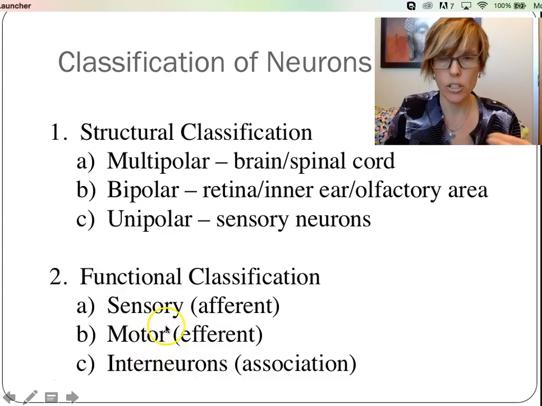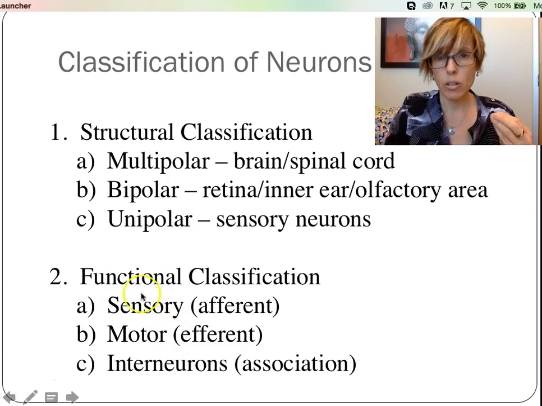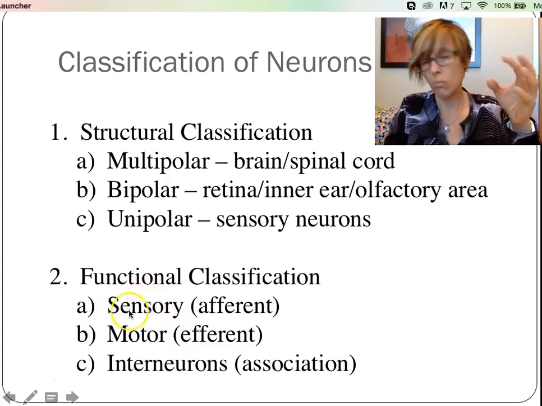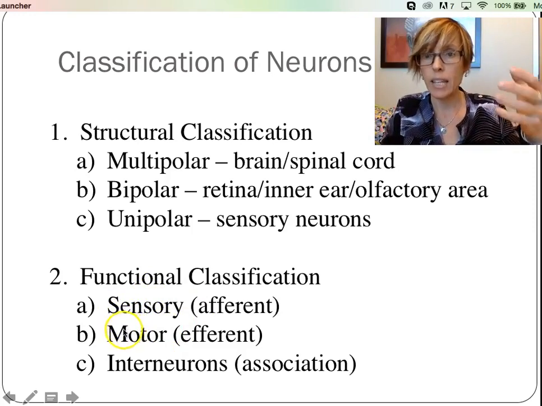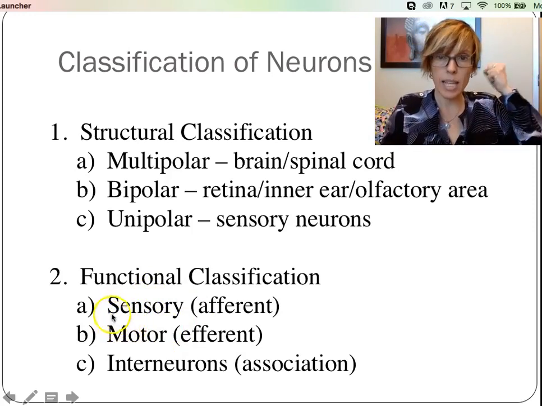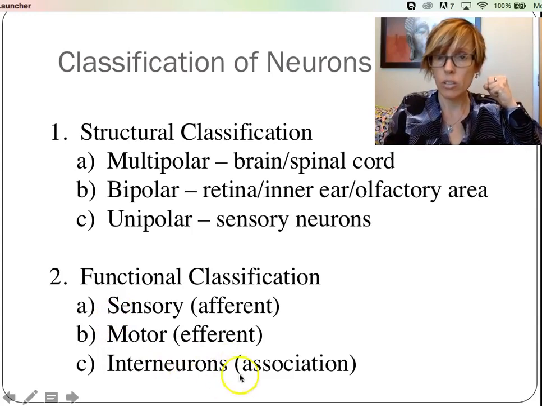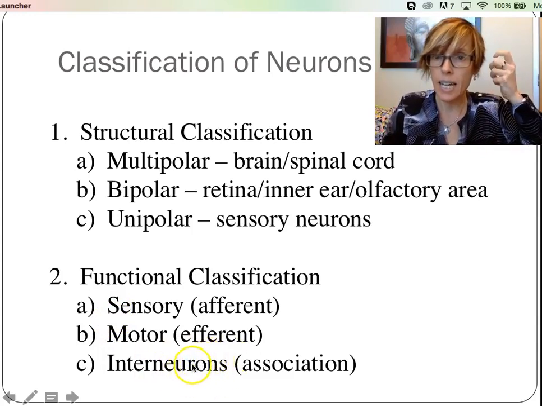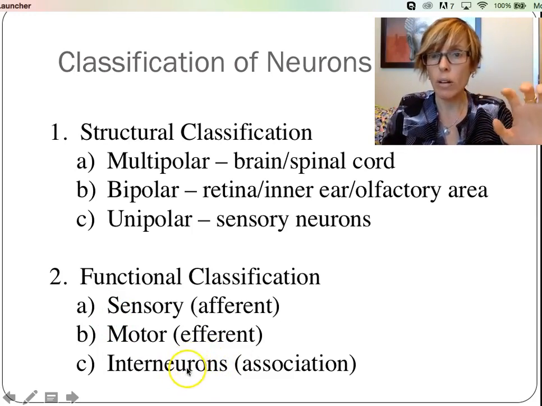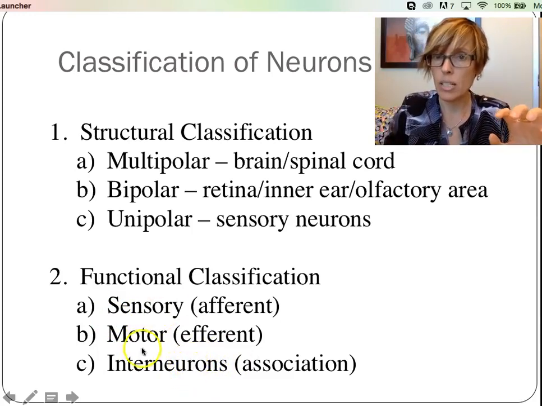This is what I was mentioning to you before. Sensory neurons are going to take information from their external environment or internal environment. They're going to transmit that to what are known as interneurons or association neurons, and then those neurons are going to take that information and give you a motor output. So that's outgoing information, it's efferent.